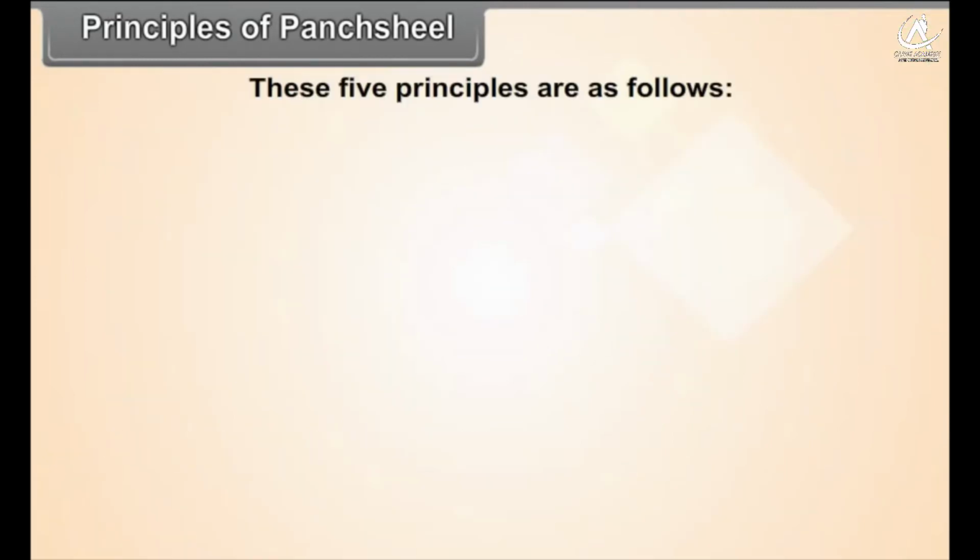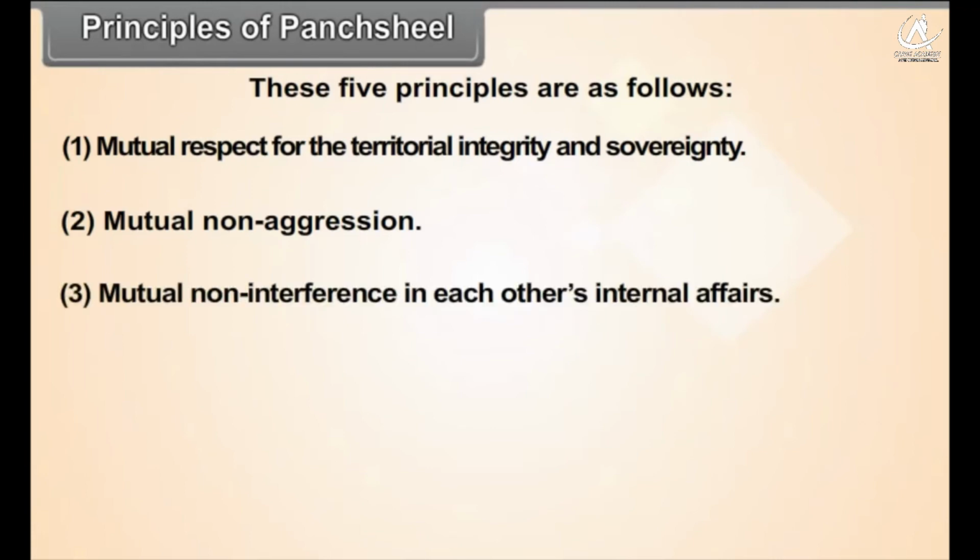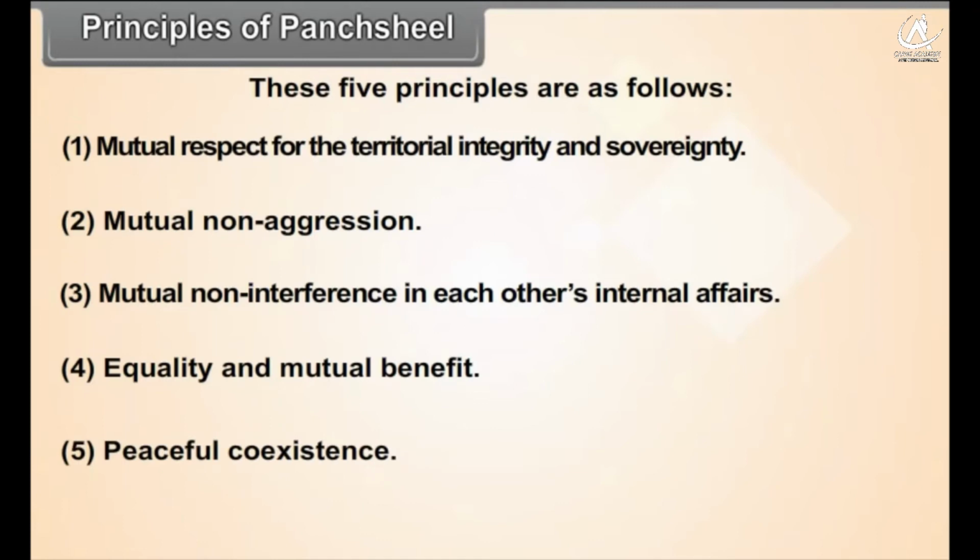These 5 principles are as follows. 1. Mutual respect for the territorial integrity and sovereignty. 2. Mutual non-aggression. 3. Mutual non-interference in each other's internal affairs. 4. Equality and mutual benefit. 5. Peaceful coexistence.